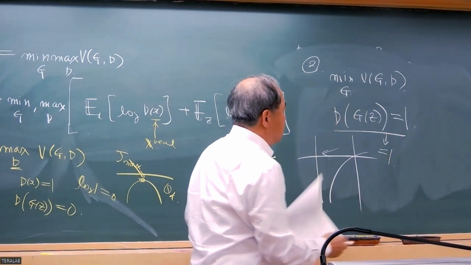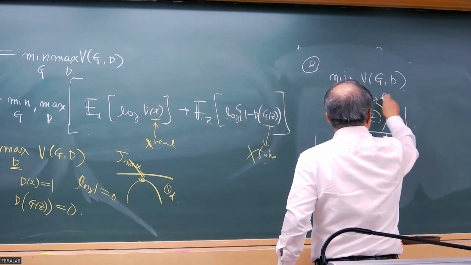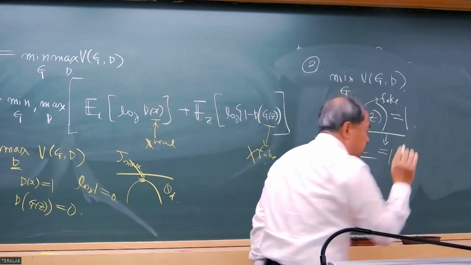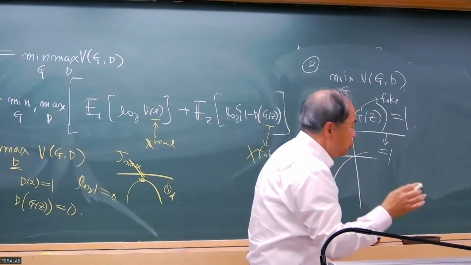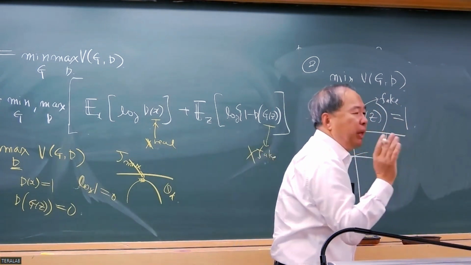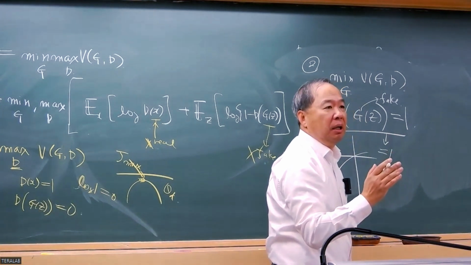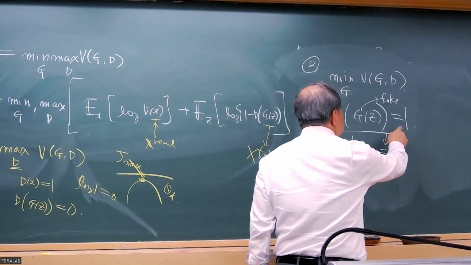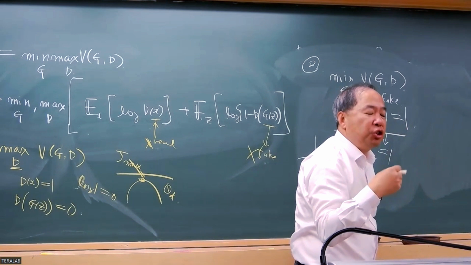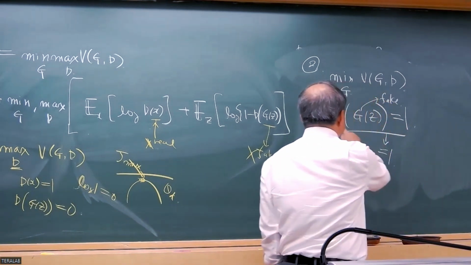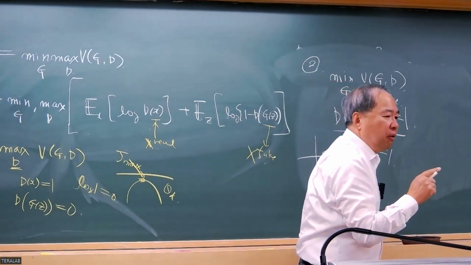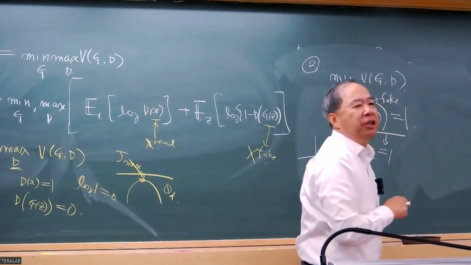What that means is this is a fake image. Generator wants to make a fake image so that discriminator doesn't know whether it is fake or real. This output is equal to 1, so we have to train generator so that discriminator seems to make a decision that, oh, this is real.